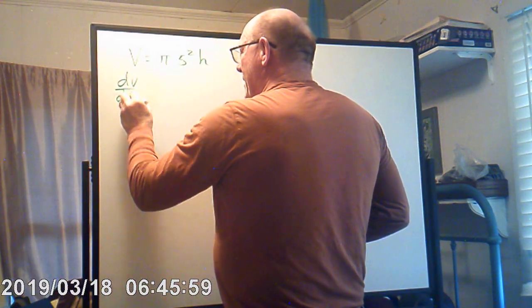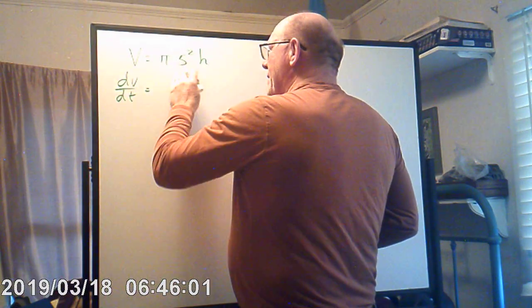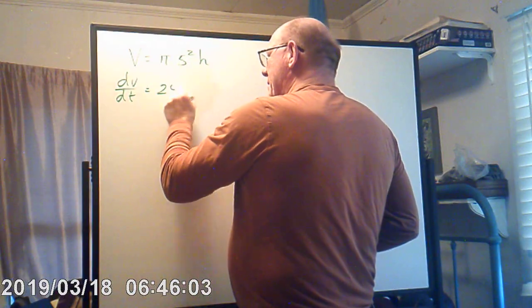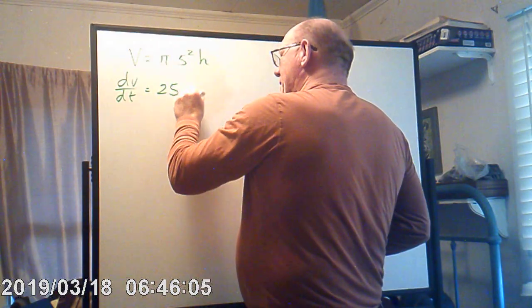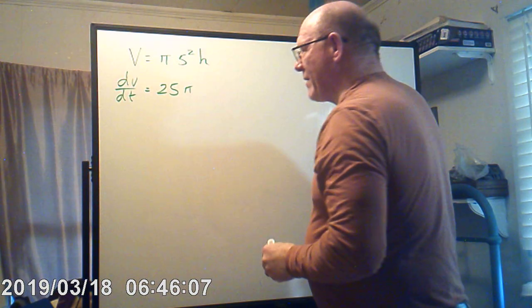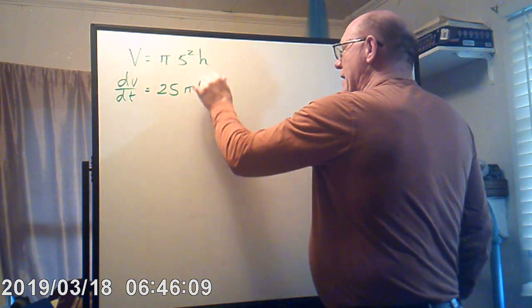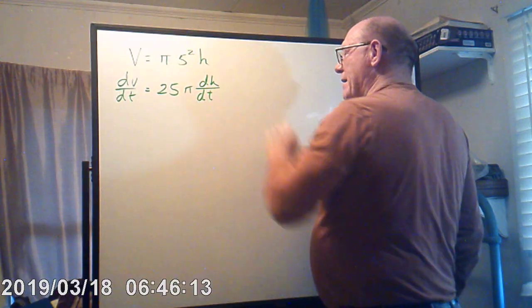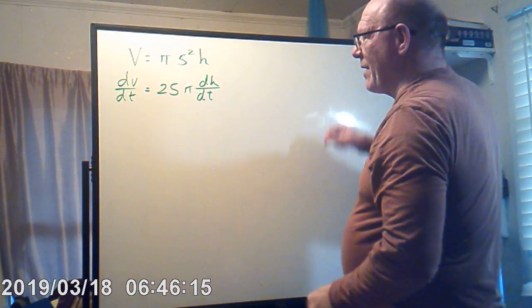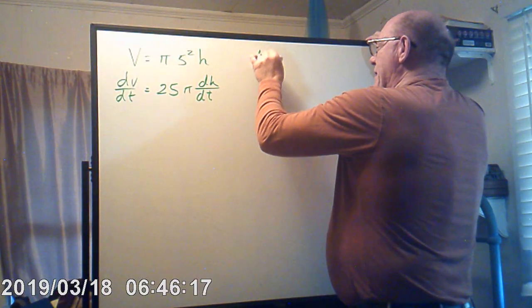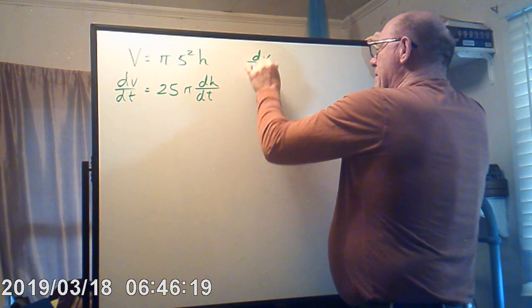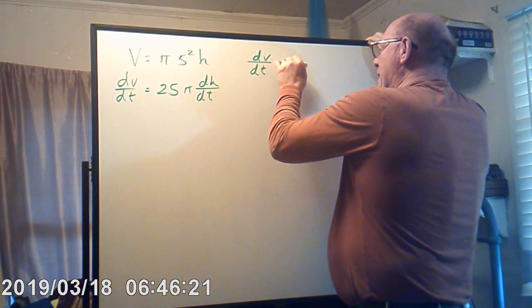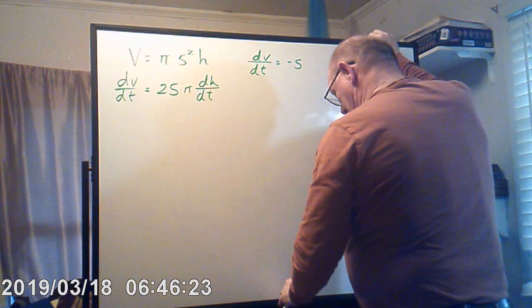dV over dt. Of course, now this is just 25 pi. I'm just going to put the pi in the front. And the derivative of h is dh over dt. Now we already know that dV over dt is a rate. It's negative 5 something.